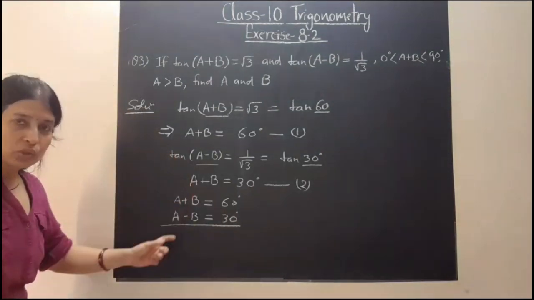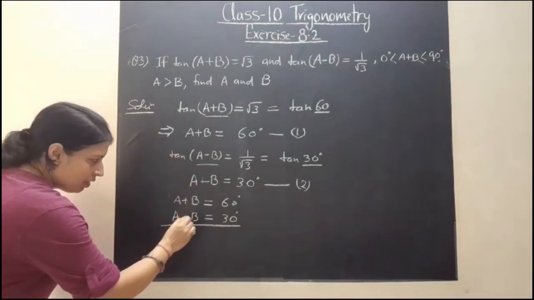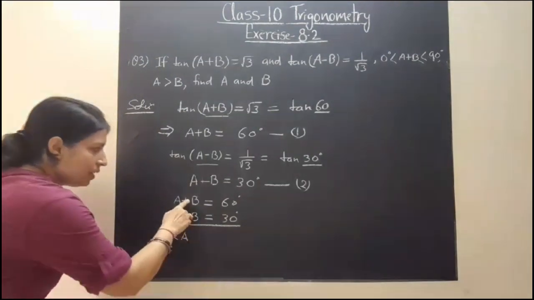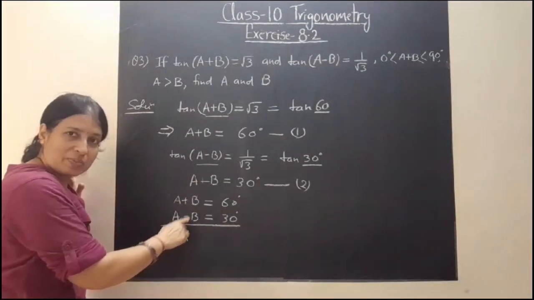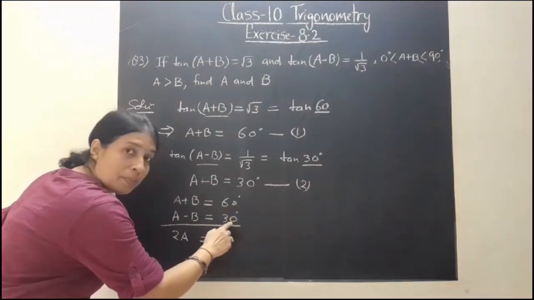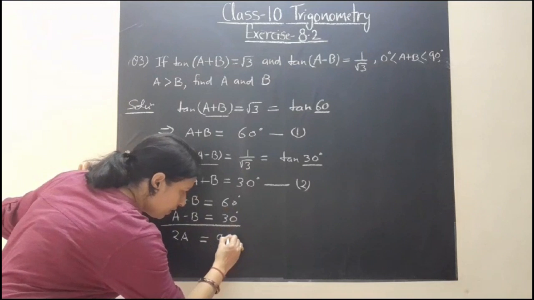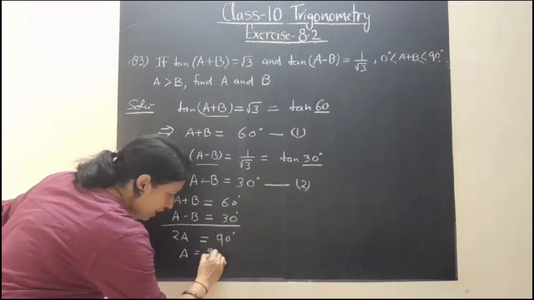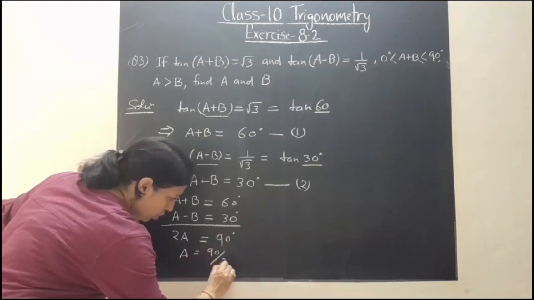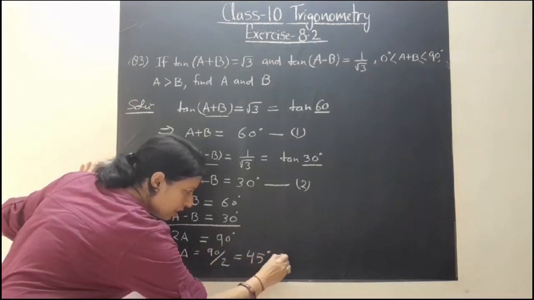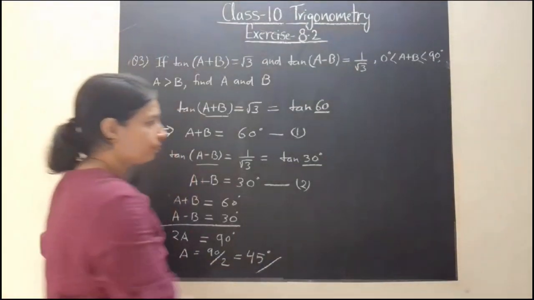If we add these two equations, then A plus A will be 2A. And here it is plus B, here it is minus B, so it will cut. So 2A is equal to 60 plus 30 is equal to 90 degree. So A will be 90 divided by 2, so it will be 45 degree. This is the value of A.